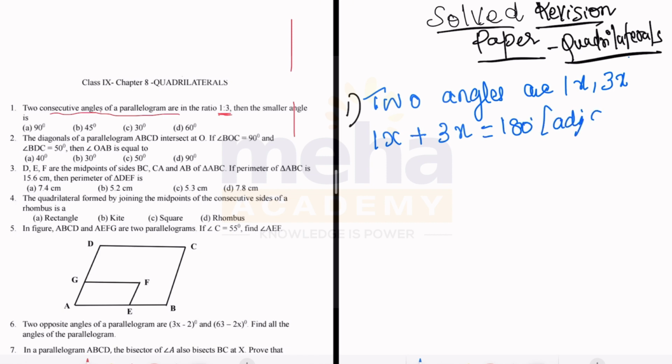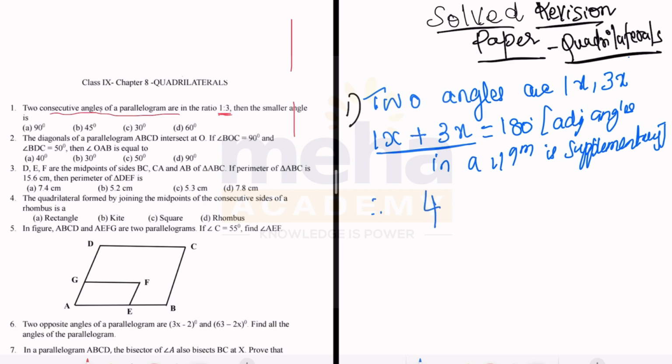Adjacent angles in a parallelogram are supplementary. So therefore 1x plus 3x is 4x, which equals 180. So x is equal to 180 over 4. Then it gives me 4 4s are 16, 45 degree.